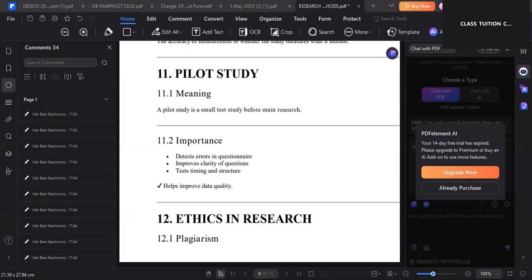So a pilot test is simply a sample or preliminary study that we use when we want to run the actual study. It's important because it detects errors in the questionnaire, improves clarity of the questions, tests the structure and improves the quality. Okay.